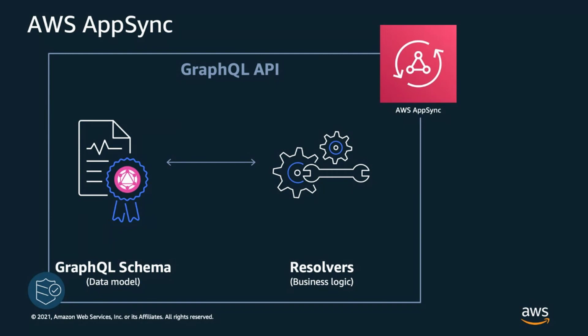Using resolvers, you can map an operation or even a single field of a type defined in your GraphQL schema to a specific data source. And that allows you to retrieve data for different fields from different data sources with a single API call.